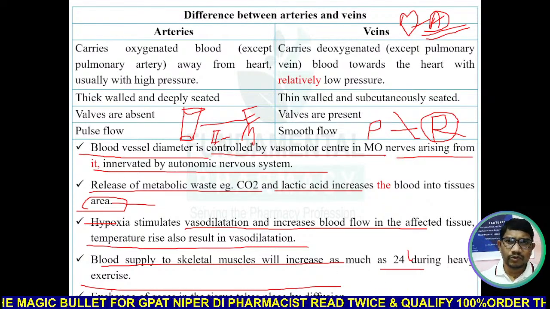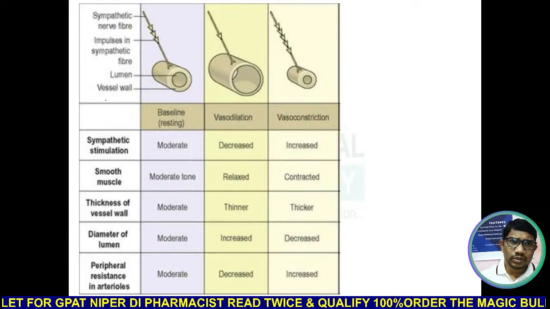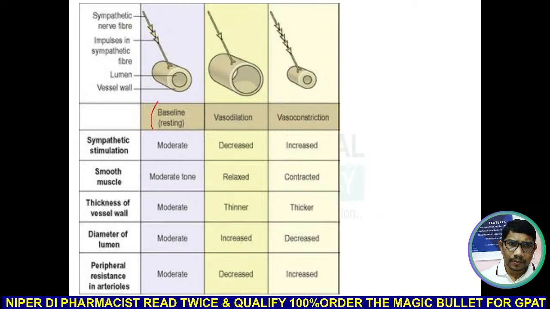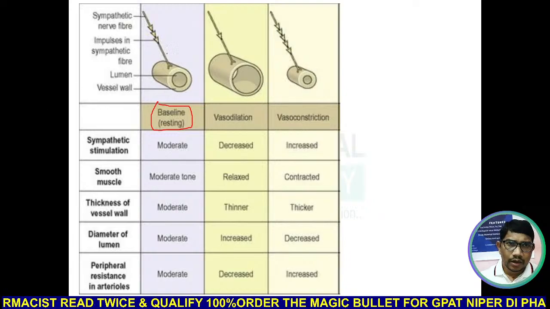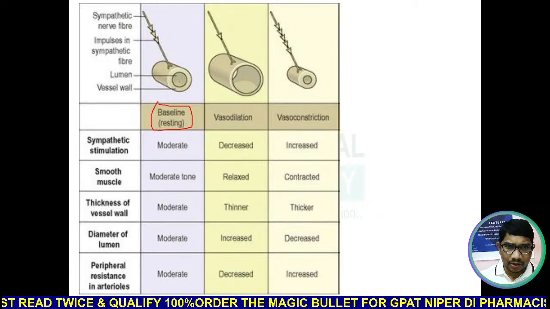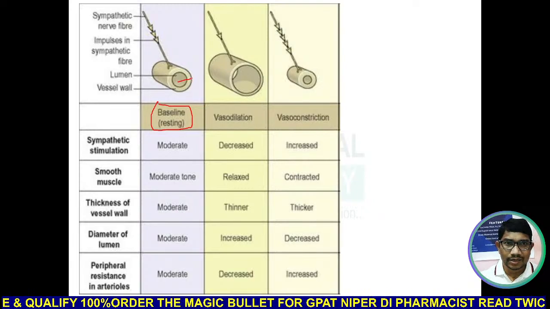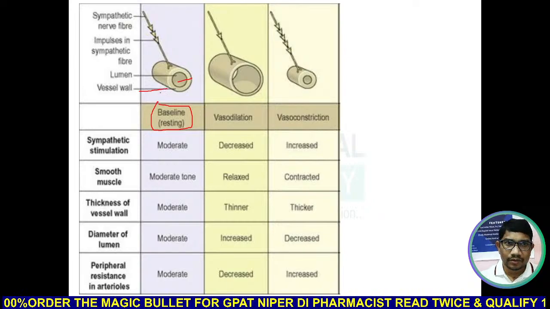Now we will see the next part. You can see over here, this is a normal blood vessel, a baseline or resting blood vessel. The diameter of this blood vessel is normal. You can see this is known as the lumen, and ये क्या है, the vessel wall.